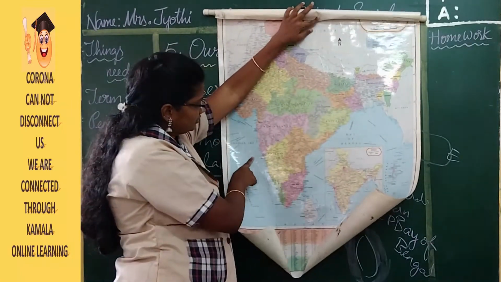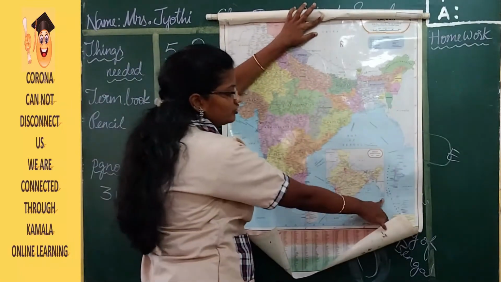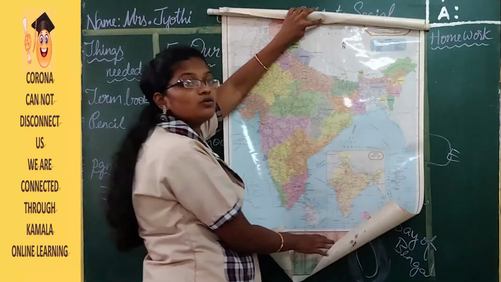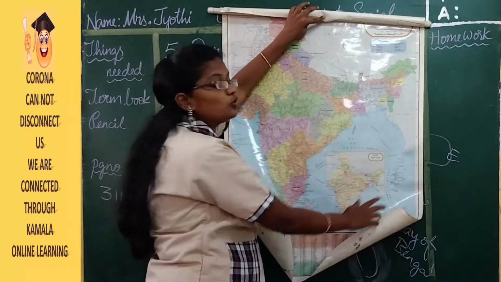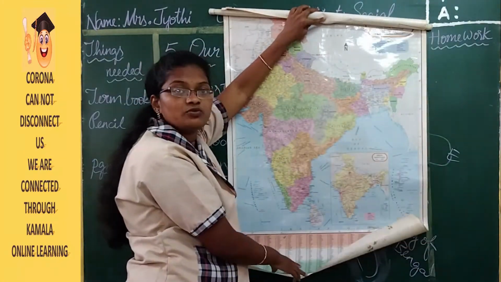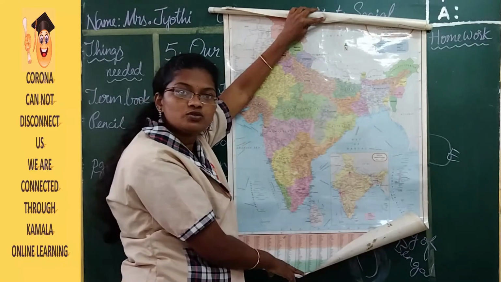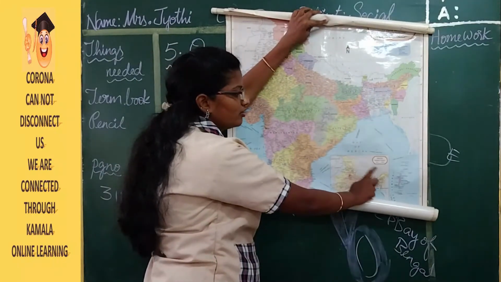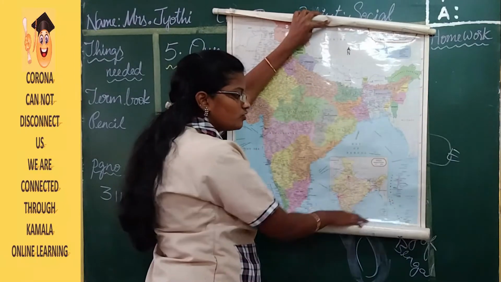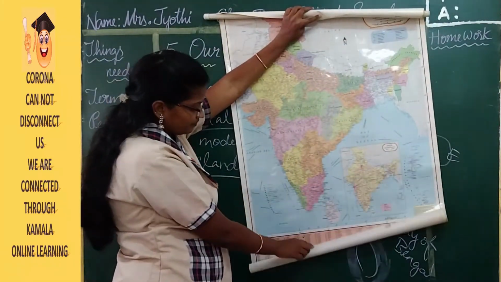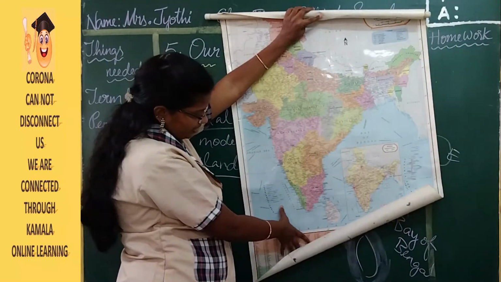The pink colored part here is completely surrounded with water, and it is in groups. All that small pieces of land together we call island groups. Those towards the Bay of Bengal we call the Andaman and Nicobar Islands, and towards the west side, the Arabian Sea, we call the Lakshadweep Islands.